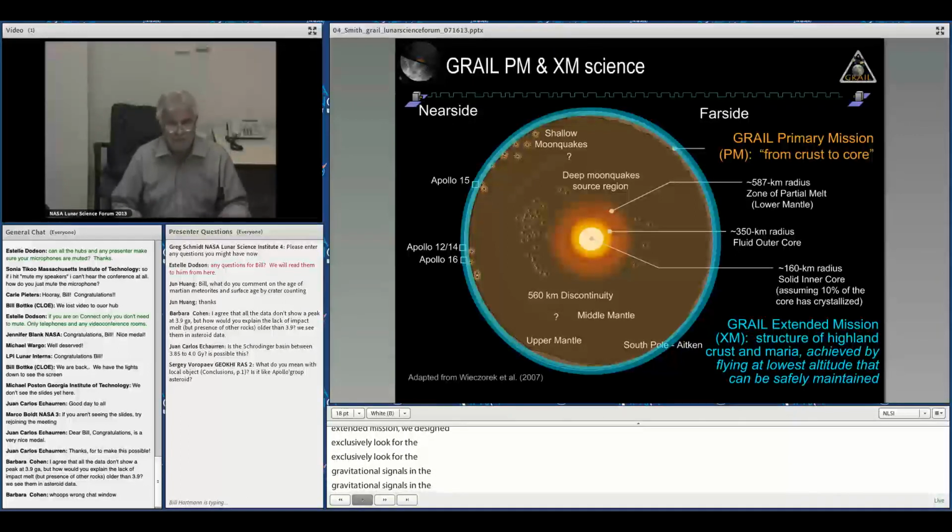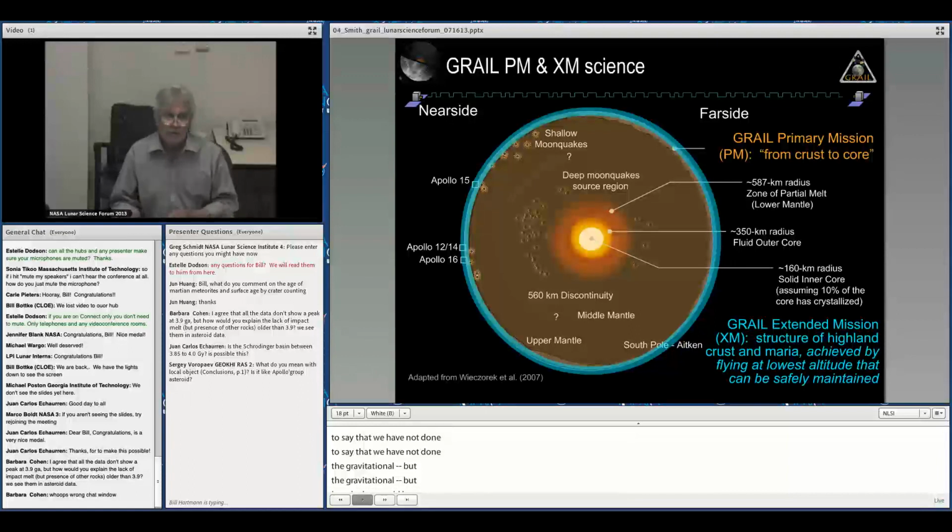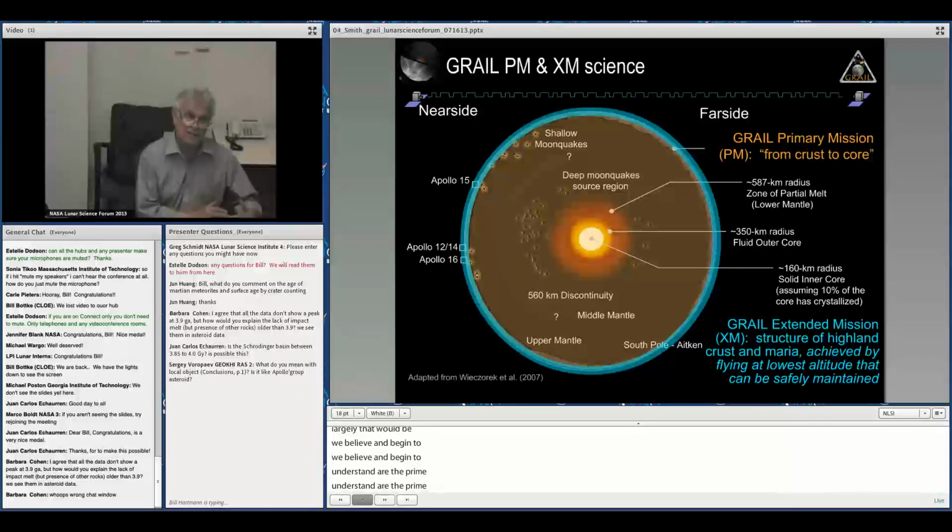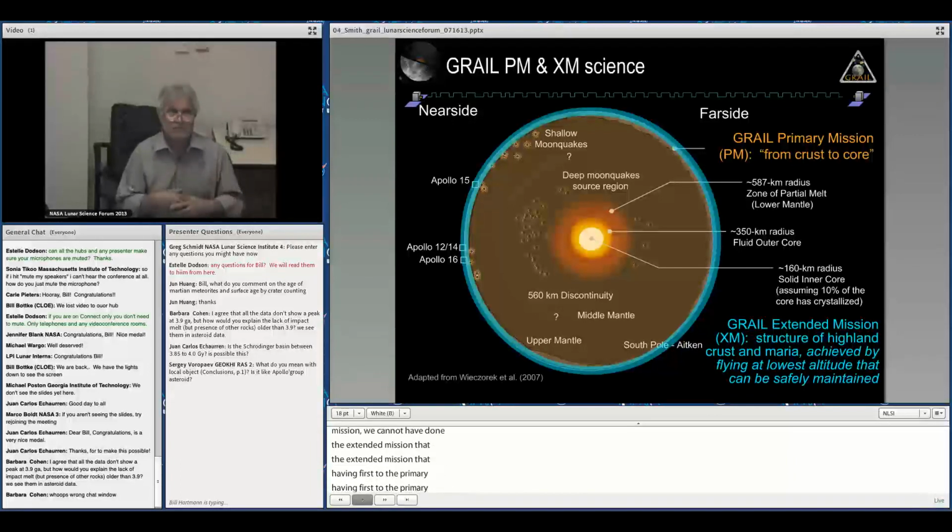It's not to say that we were not sensitive to the gravitational attraction from the rest of the moon, but largely that would be, we believe, what we began to understand during the prime mission. In fact, we could not have done the extended mission without having first done the primary mission and got a handle on the broad picture of the gravity field of the moon, so that we can eventually look at the very fine structure that we believe we're getting in the extended mission.